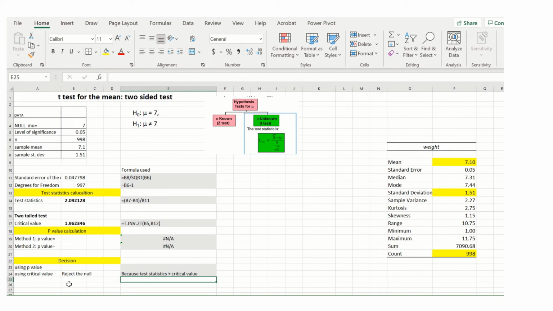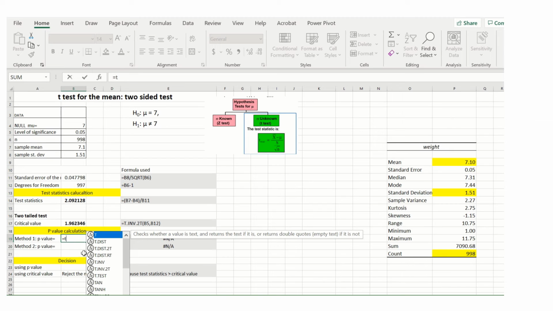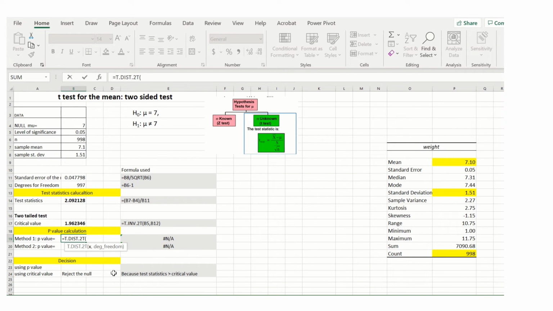Another approach is to look at the p-value. For the p-value, there are two different ways to calculate it. I'm going to show you both of them. One of them is the T.DIST.2T function.